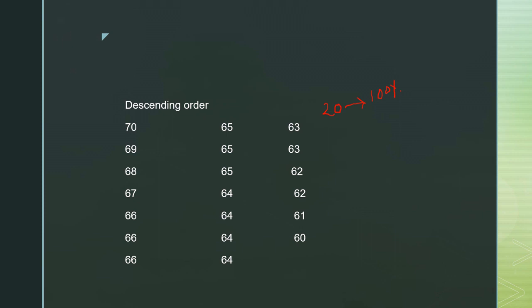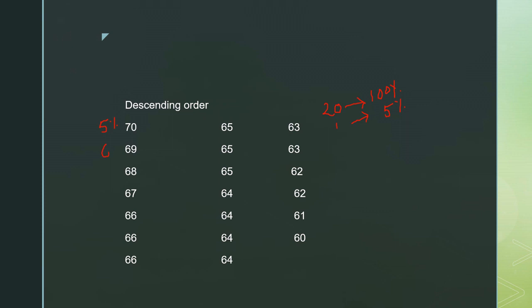So 20 values is equal to 100%. So what is the meaning of one value? One value appears in 5%.